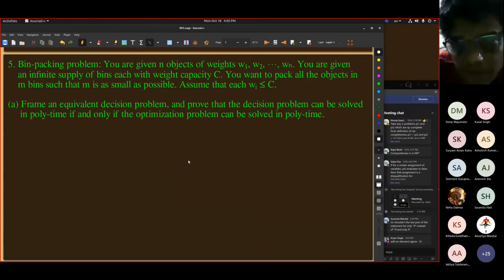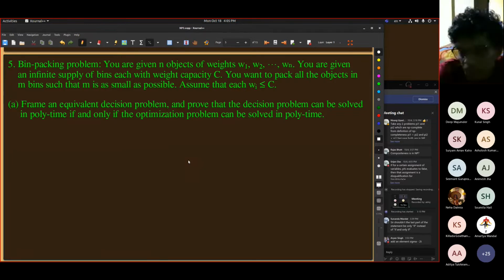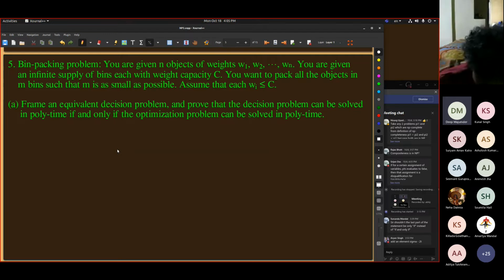Yeah, any suggestion? For given k, we decide if we can pack it in k bins. Yeah. So whether k bins suffice. Yeah, okay. And then for finding the minimum, we just check one by one until it is yes.